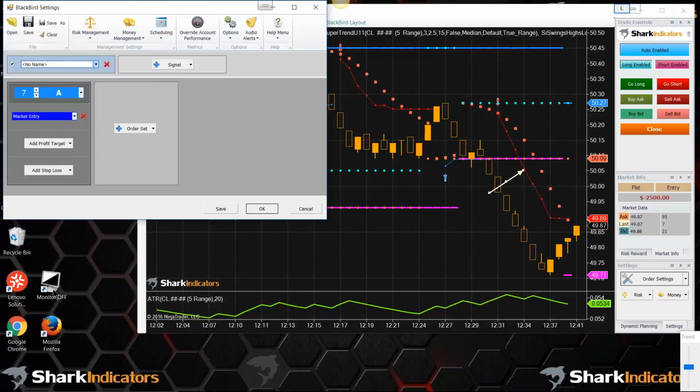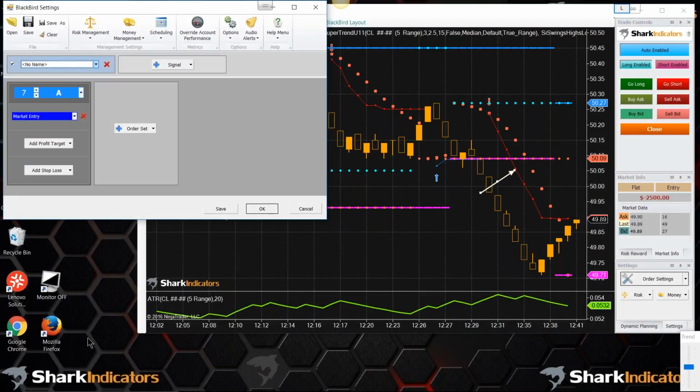Okay, so Frank is asking, how could something be set up to protect profits once price moves a certain number of ticks into a profit zone? All right, so let's say, Frank, for example, you want to move your stop loss to break even plus a few ticks, something like that.